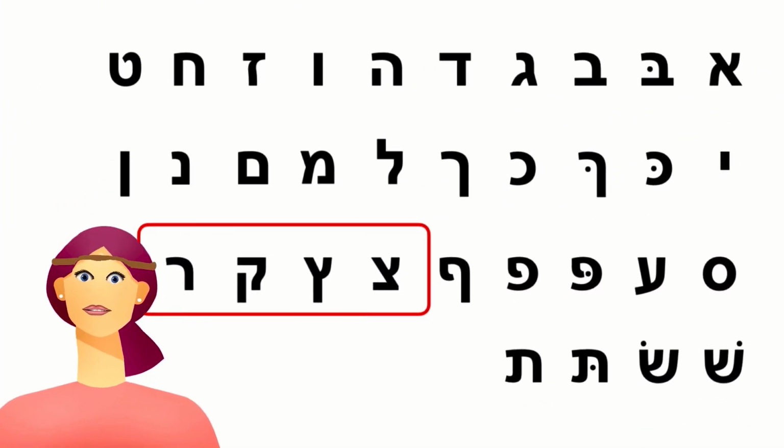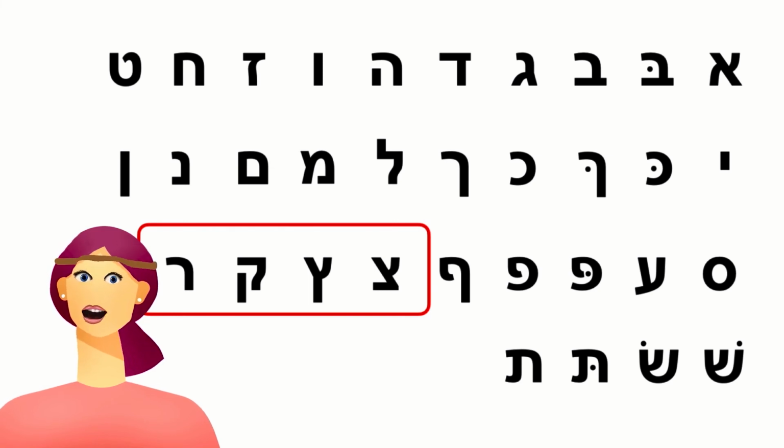Now, let's review the letters. I hope you still remember aleph, bet, vet, gimel, dalet, and hey, and also vav, zayin, chet, tet, yod, kaf, kaf soffit, chaf, chaf soffit, lamed, mem, mem soffit, nun, and nun soffit, samech, ayin, pe, fe, fe soffit.